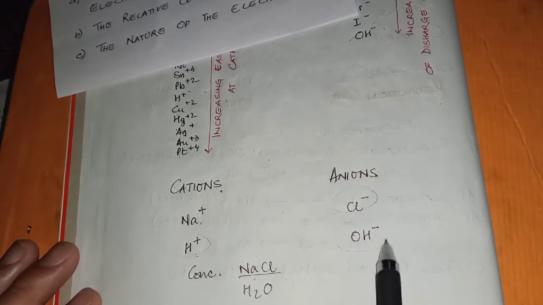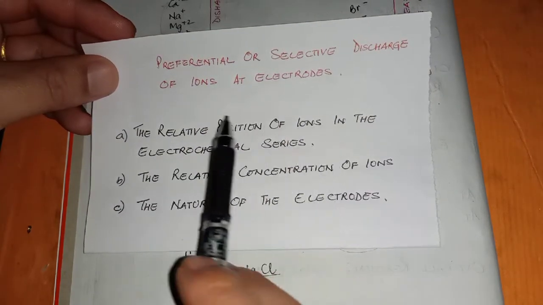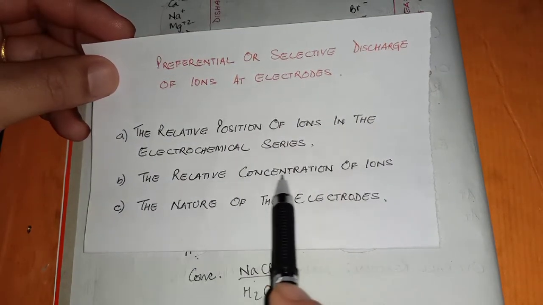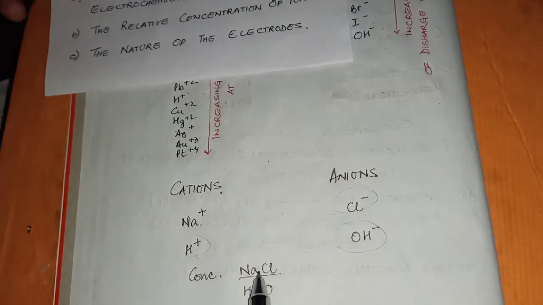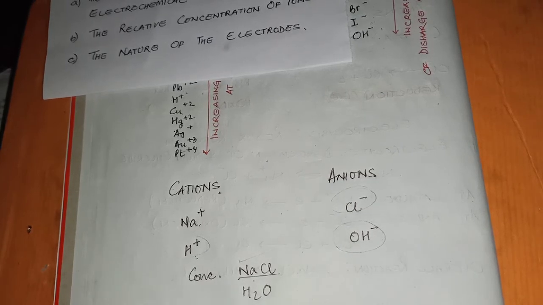Now when they break up, they will have these ions in the solution. Now the second condition says that the selective discharge of ions depends on relative concentration of ions. So we are taking a higher concentration of sodium chloride. Now if you see over here, for the cation, hydrogen will get discharged at the cathode.